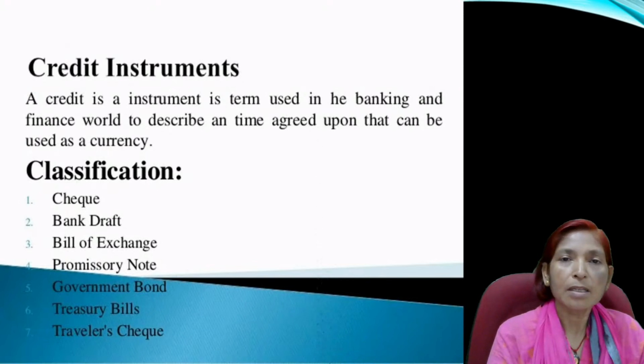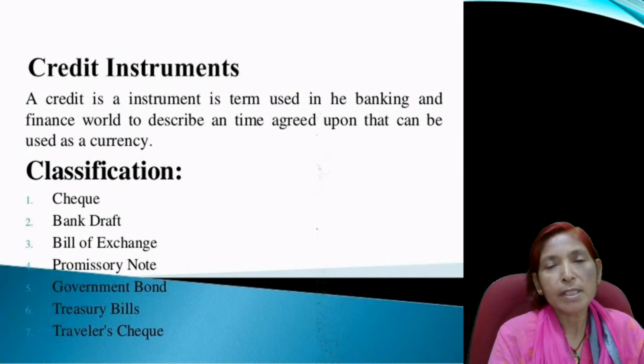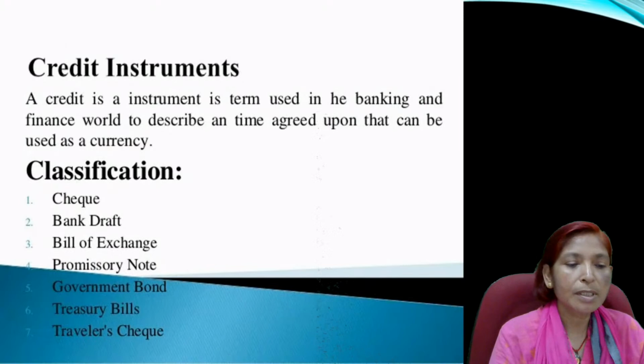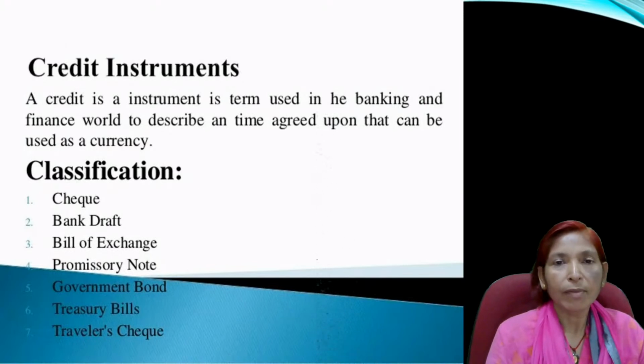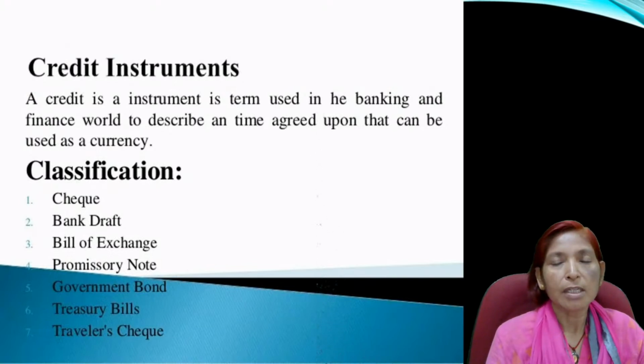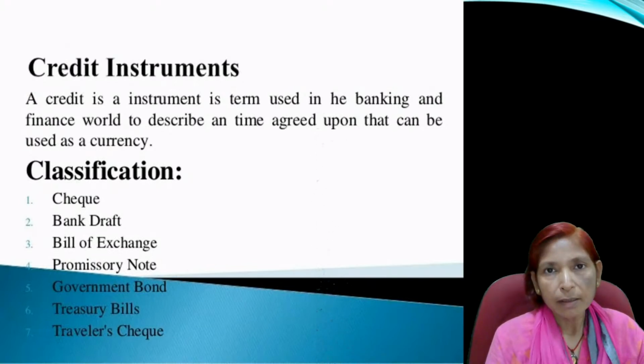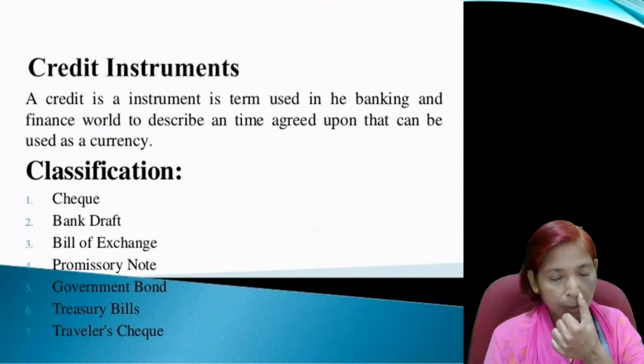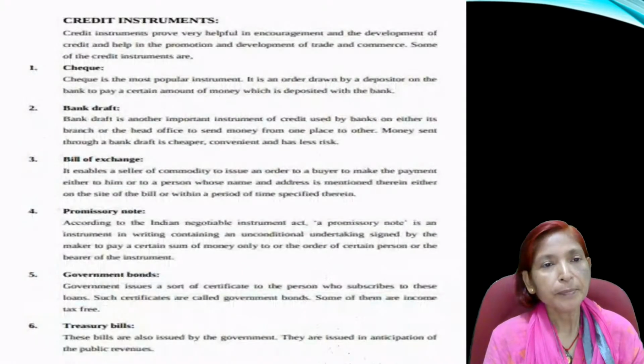Credit instruments are like checks, bank draft, bill of exchange, promissory notes, government bonds, treasury bills, traveler's check. All these are credit instruments. By these instruments, the financial system, financial markets, and financial institutions can provide financial facilities to the borrowers.